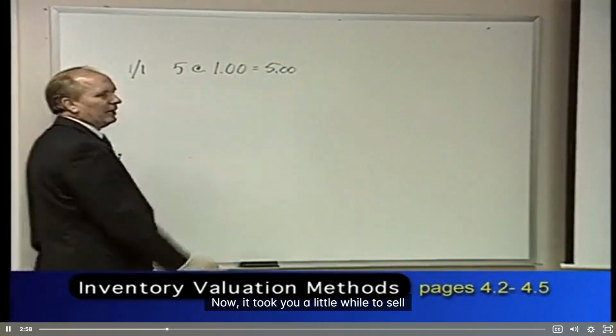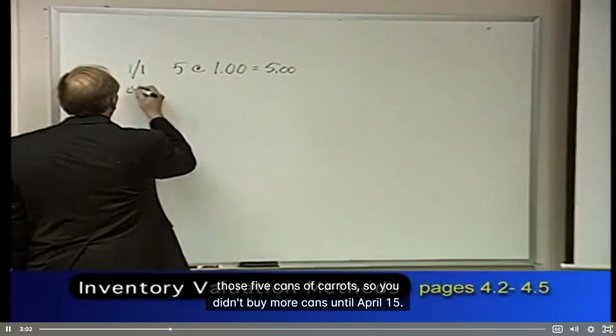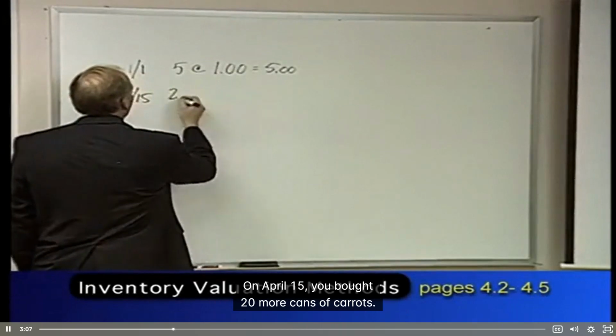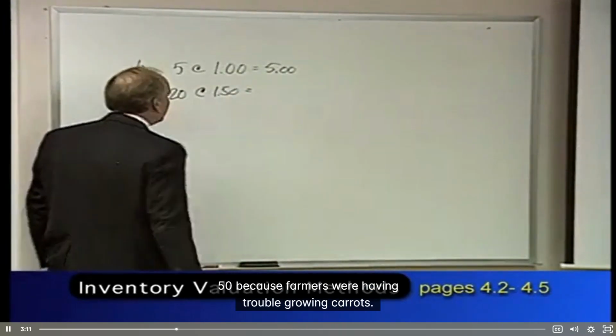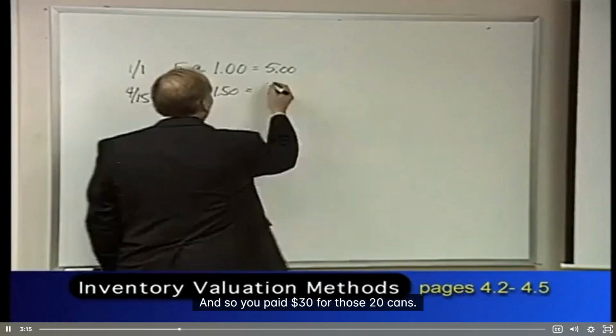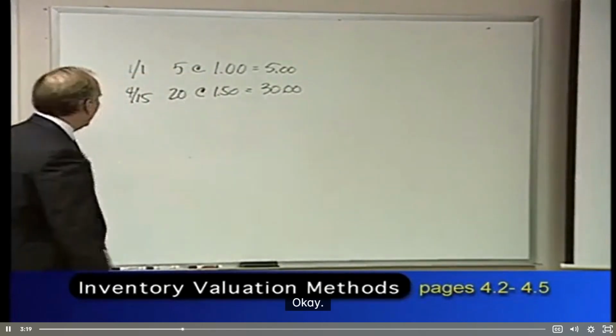Now, it took you a little while to sell those 5 cans of carrots, so you didn't buy more cans until April 15th. On April 15th, you bought 20 more cans of carrots, but now the price had gone up to $1.50 because farmers were having trouble growing carrots, and so you paid $30 for those 20 cans, okay?